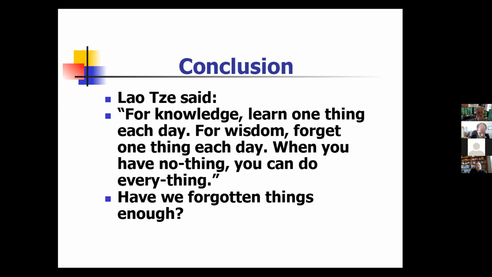And as Lao Tzu said, for knowledge, learn one thing every day. For wisdom, forget one thing every day. When you have nothing, you can do everything. Have we forgotten things enough?